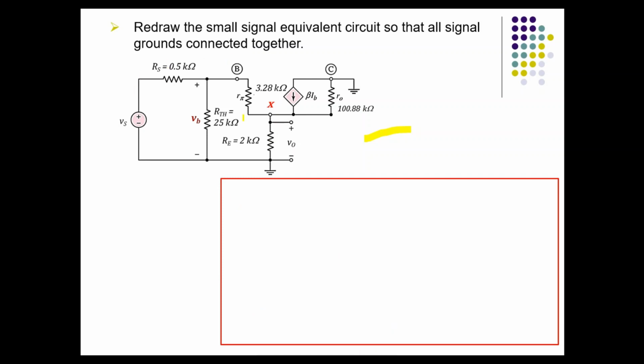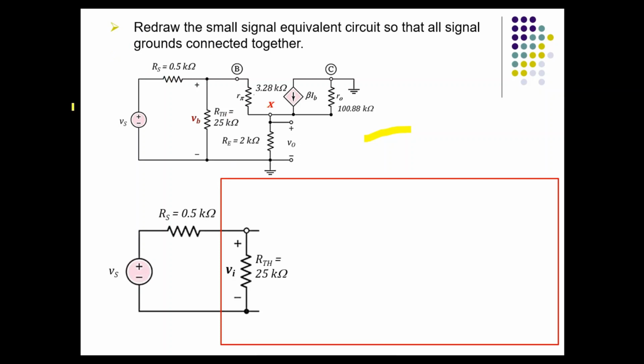In the circuit the input is standard, on the left hand side. However, my output is here at the bottom. I want to bring it to the right hand side. So I just bring this branch, this RE, which is connected between ground and node X.